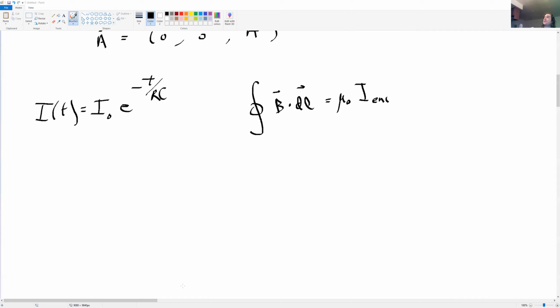And then once it reaches maximum value, that's when you have the maximum change in the value of the current. But eventually the current is going to taper off, right? As this capacitor becomes fully charged. So once the capacitor becomes fully charged, then the magnetic field has to die down to 0, right?